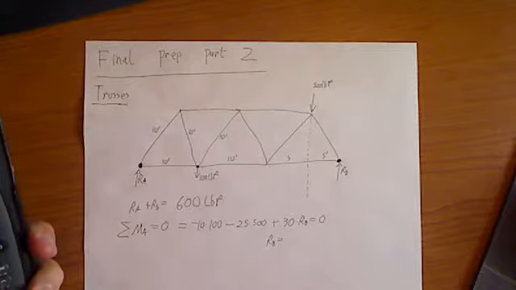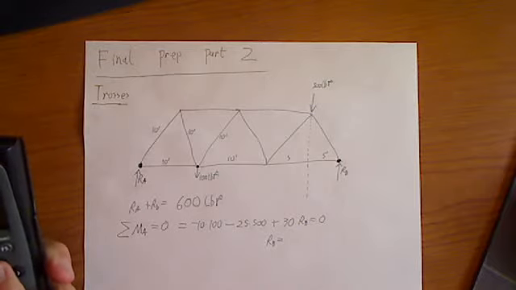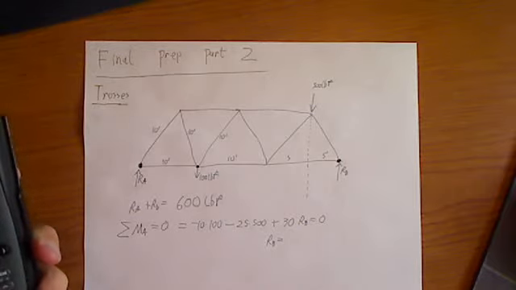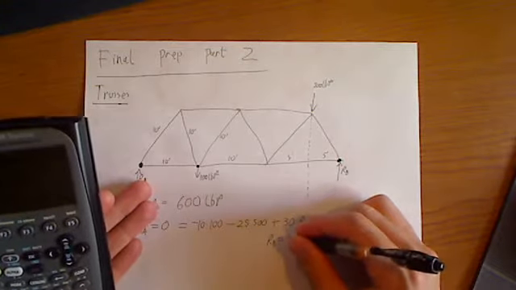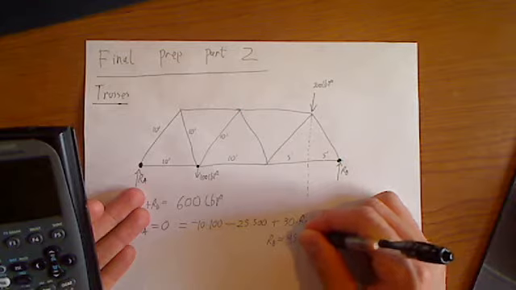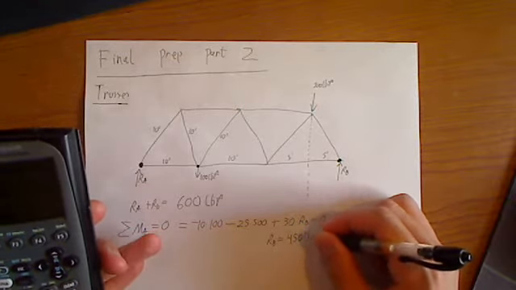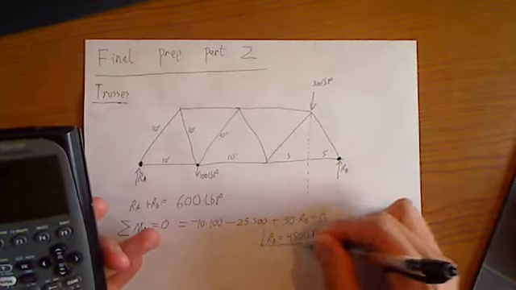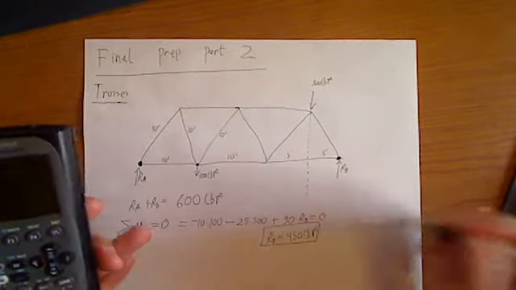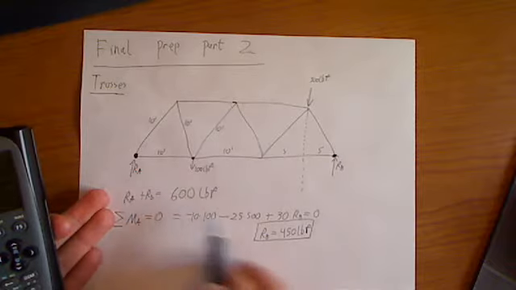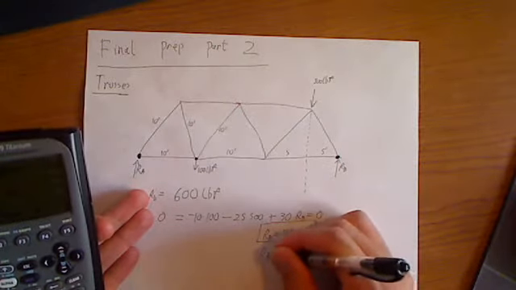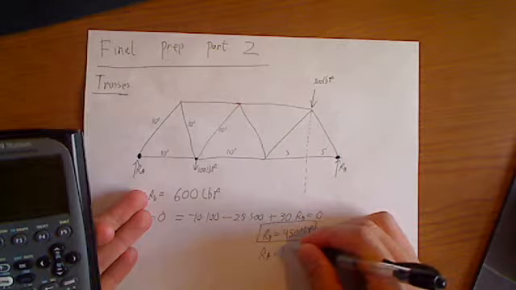We have 1,000 plus 25 times 500. 13,500 divided by 30, 450. And then we know that RA is going to be 600 pounds minus 450, so we have RA equals 150 pounds.